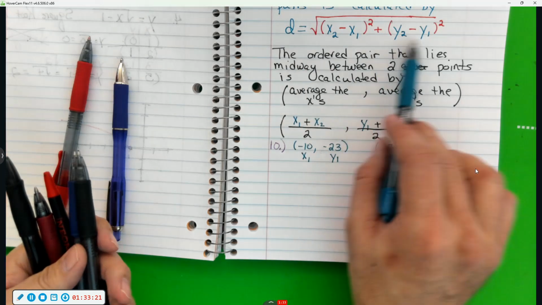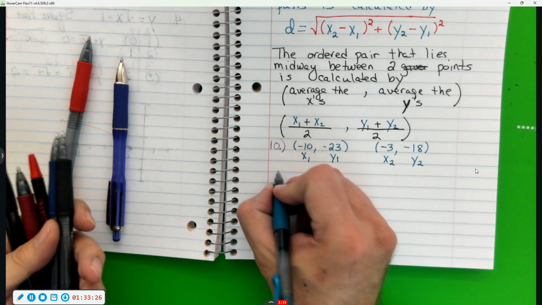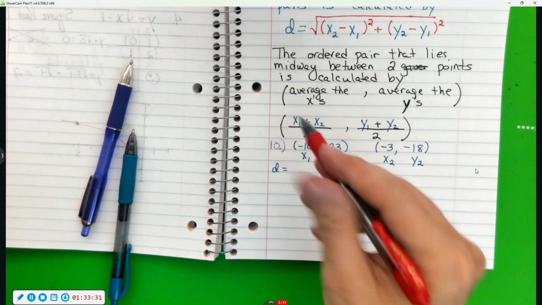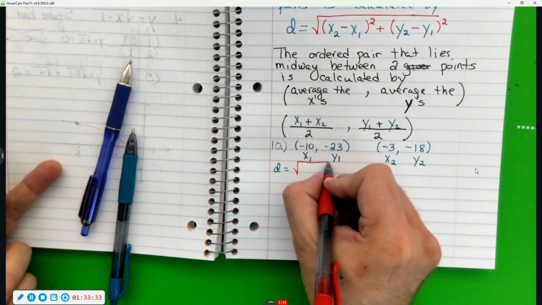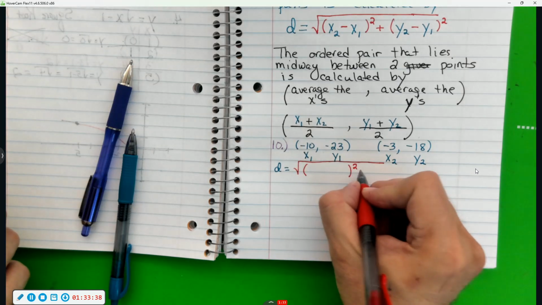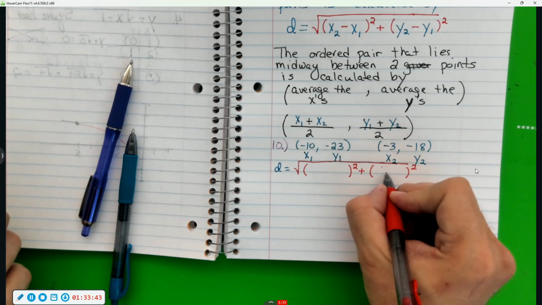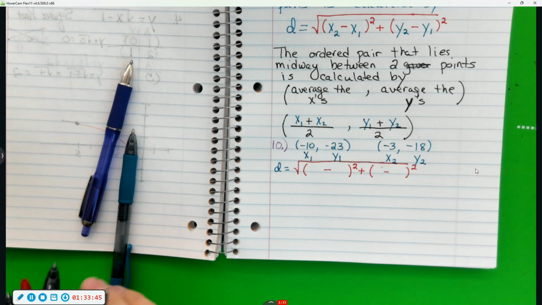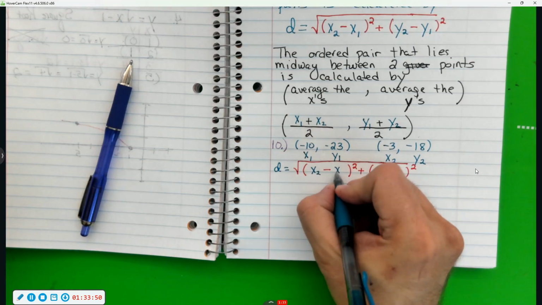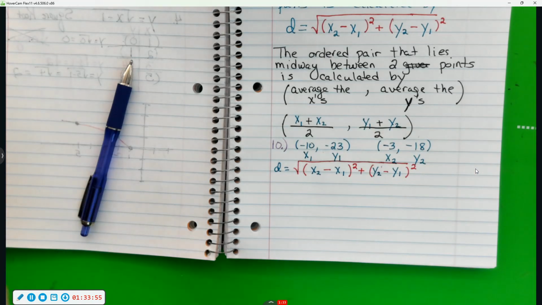I'm going to rewrite this formula because I'm just going to plug in. d equals the square root of second x minus first x, second y minus first y. So plug it in now.